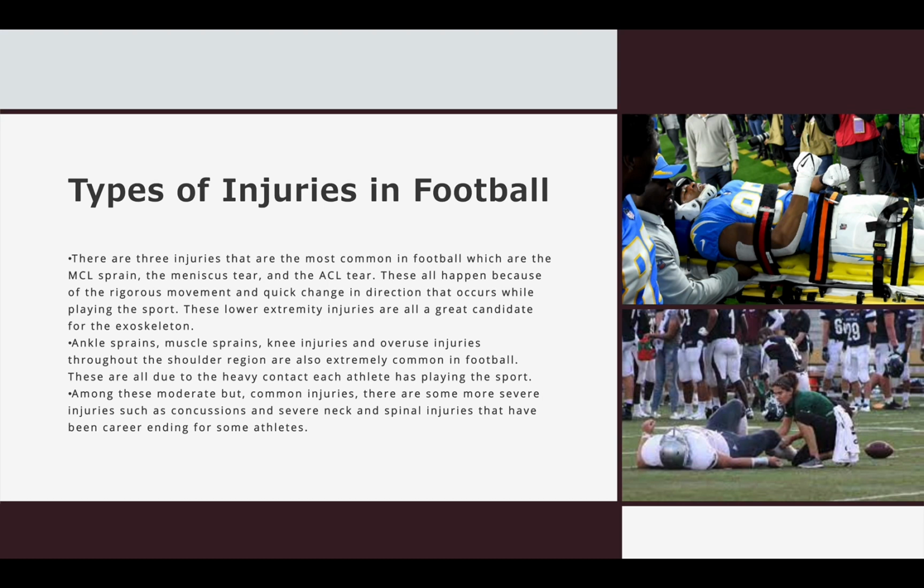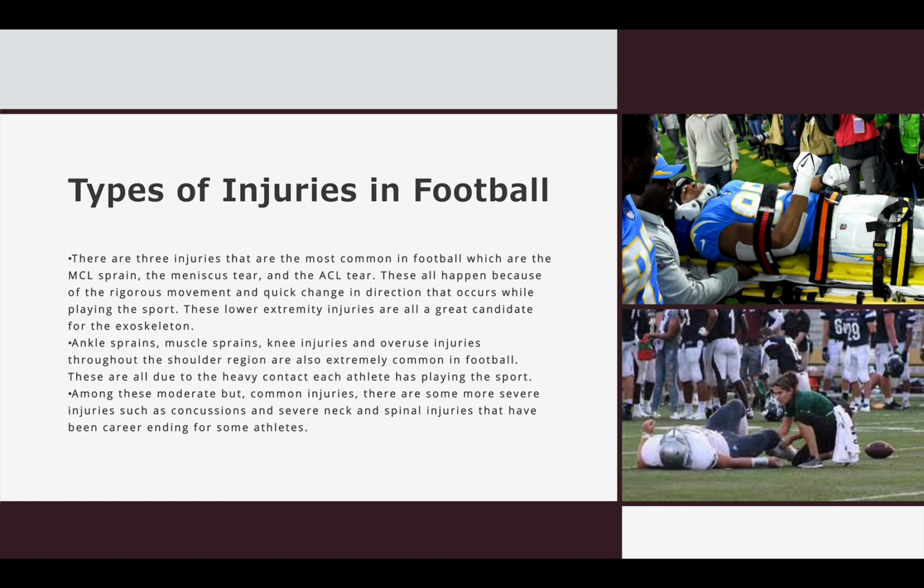Three of the most common injuries, according to my research in football, were an MCL sprain, a meniscus tear, and an ACL tear, which are all in the knee and happen because of the quick changes in direction and the quick stops, rigorous movement that you do. And these are all lower extremity injuries, so this is a very good candidate for an exoskeleton that is below the waist.